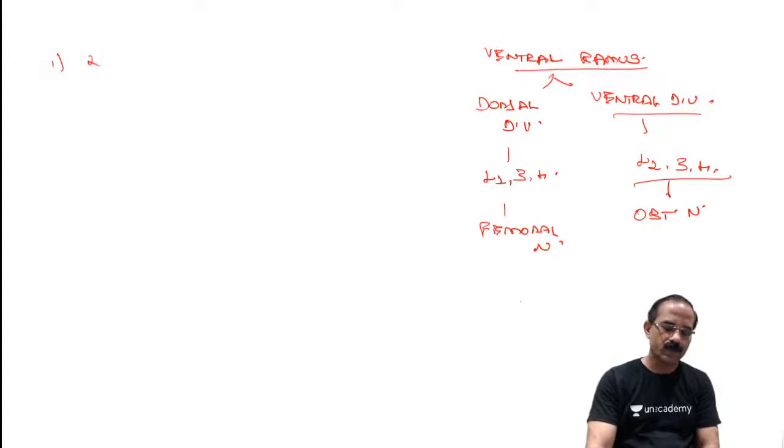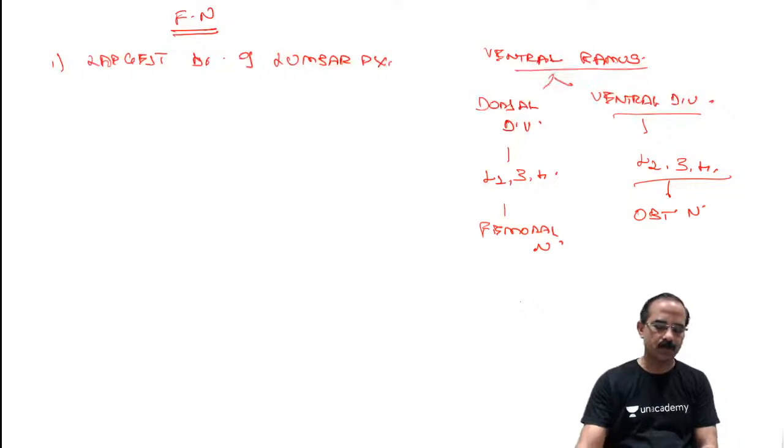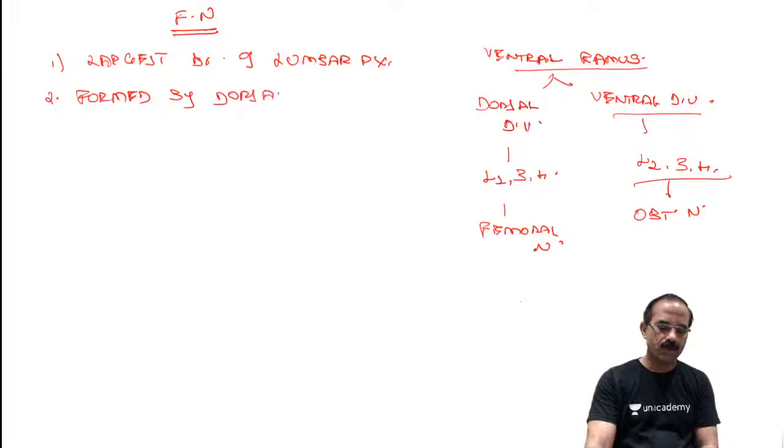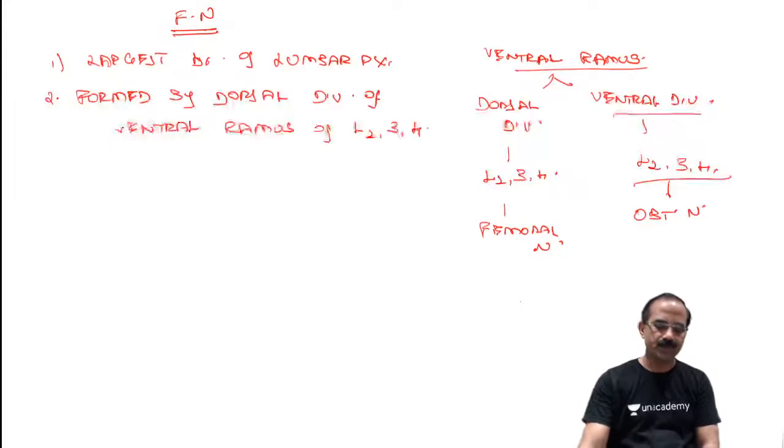So, femoral nerve is the largest branch of lumbar plexus. I'll just write it like this: largest branch of the lumbar plexus, formed by the dorsal divisions of the ventral ramus of L2, L3, L4.